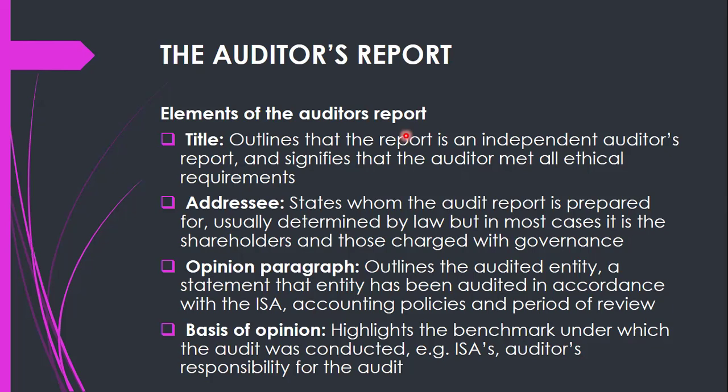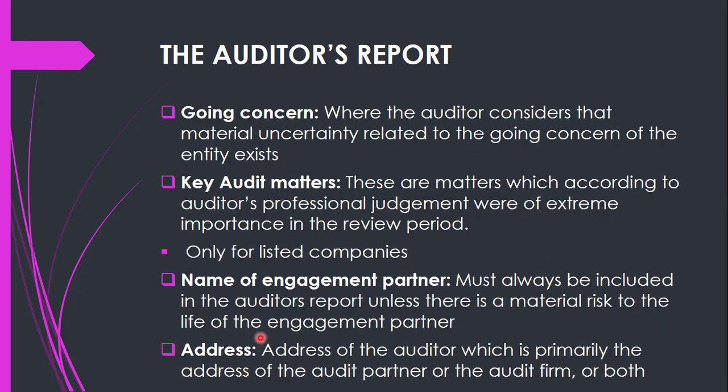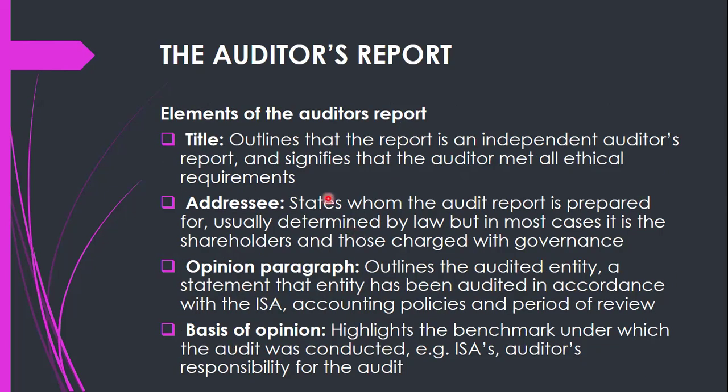Some of the elements of the auditor's report are: there's a title, the addressee, the opinion paragraph, the basis of opinion, the going concern, the key audit matters, the name of the engagement partner, and the address as well. These are just some of the elements of the auditor's report that you need to memorize and know so that you can write in the exam.